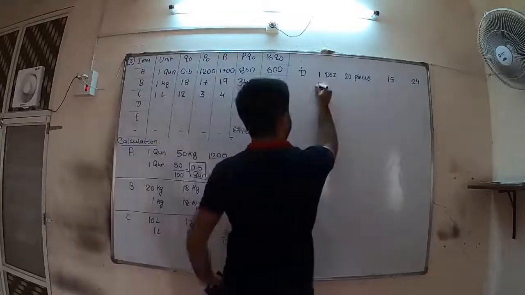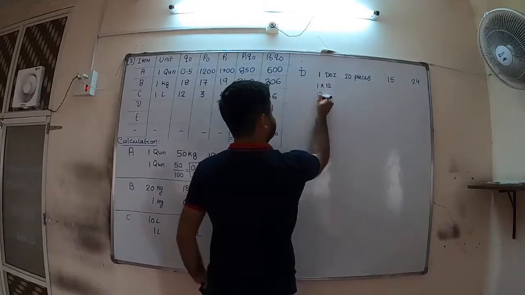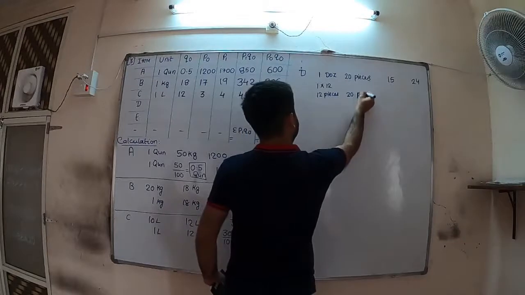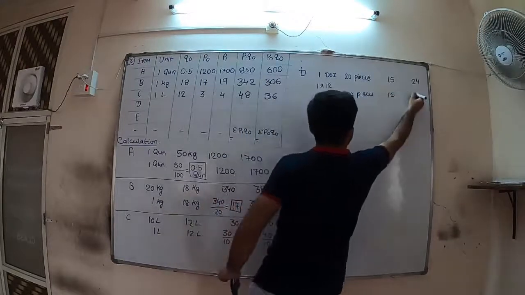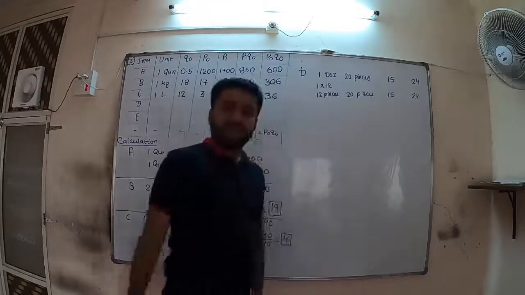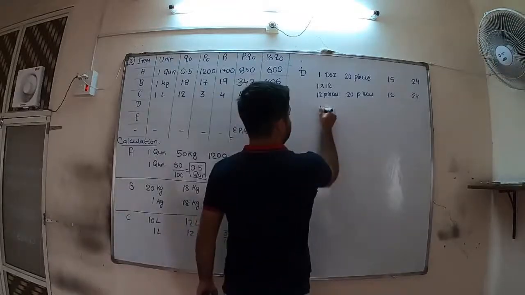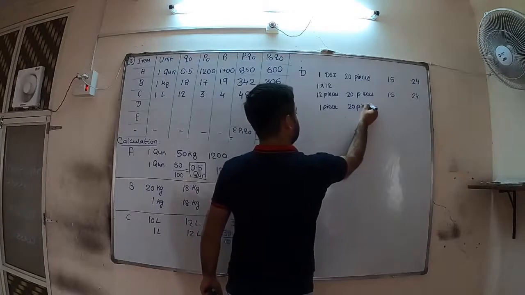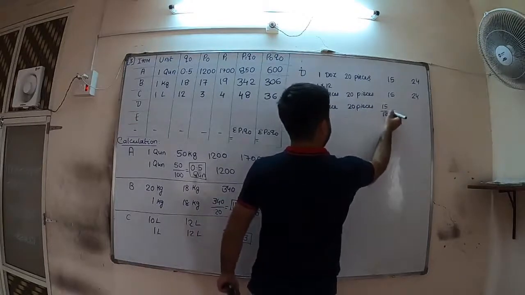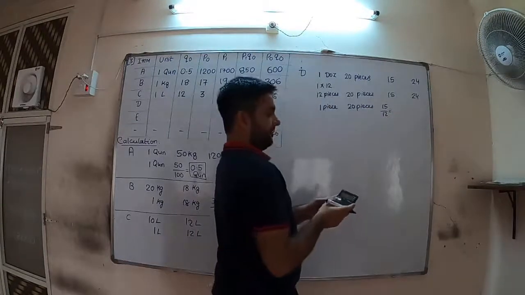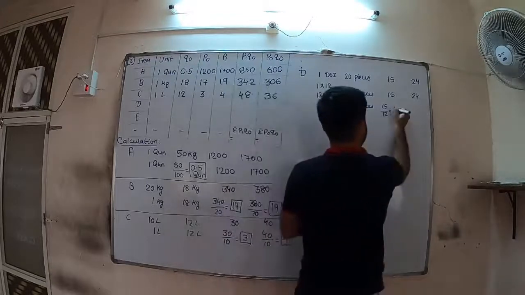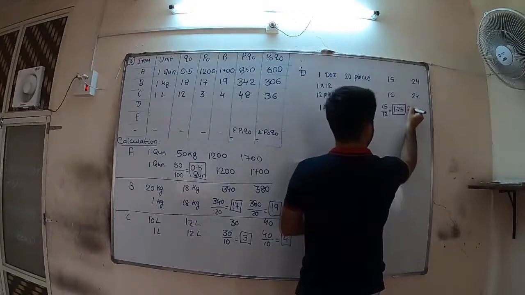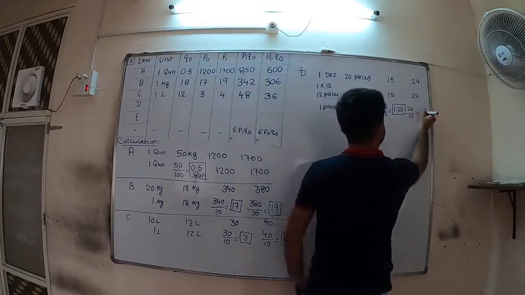Okay friends? So 1 into 12, 12 piece, 20 piece, 15, 24. Now friends, what we will do? We will convert it to 1 piece. 20 piece, 15 by 12 is 1.25 and 24 by 12 is 2.